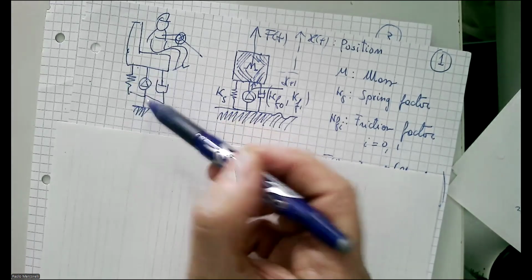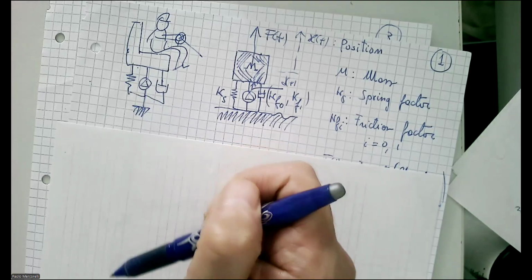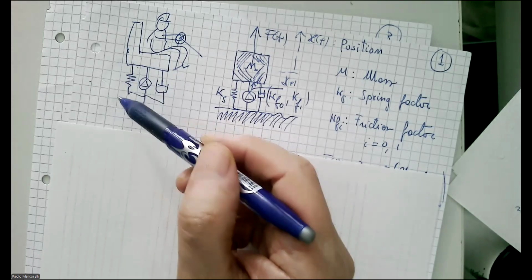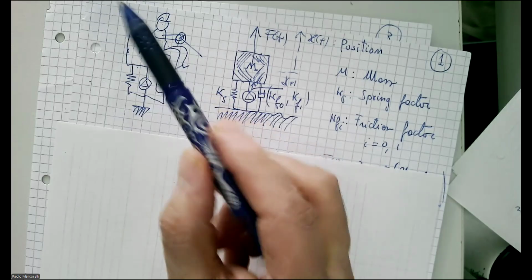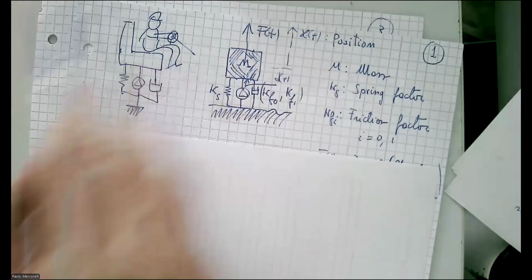Nevertheless, it's not so bad, because we can consider from here some disturbances which come through the wheels, through the chassis of the lorry. We can schematically consider the system in this form.